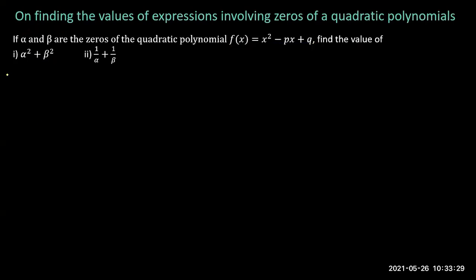First, we'll write the given polynomial. Let f of x be equal to x square minus px plus q. Is it in the form of ax square plus bx plus c? Yes, sir.